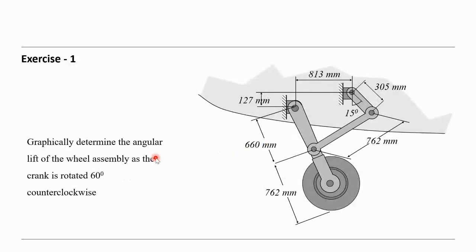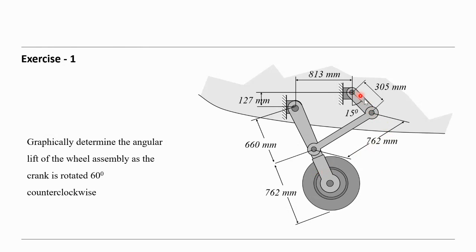Okay, so now here we have an example. Graphically determine the angular lift of the wheel. So this is the wheel here. The wheel is assembled as the crank is rotated 60 degrees. Where is the crank?